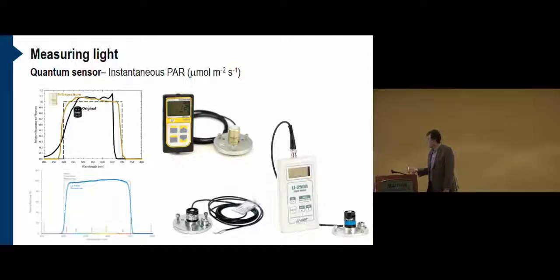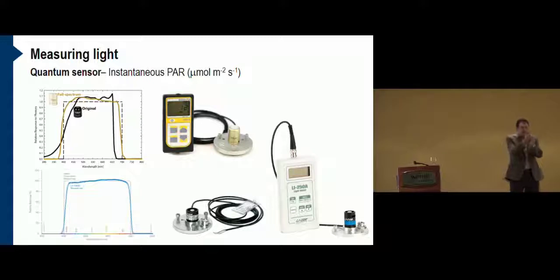Looking at the relative response of a given quantum sensor, as you can see here, this sensor with the black response is only sensitive up to 610, 620 nanometer wavelength, which is just at the edge of red.